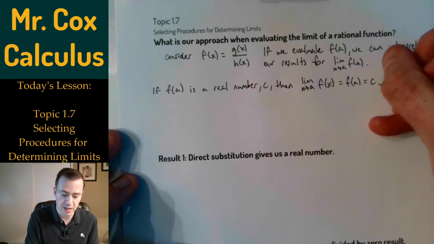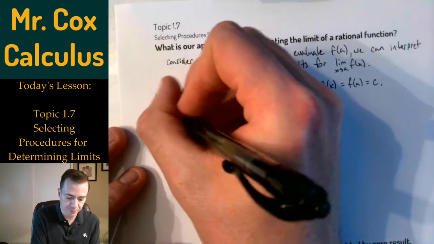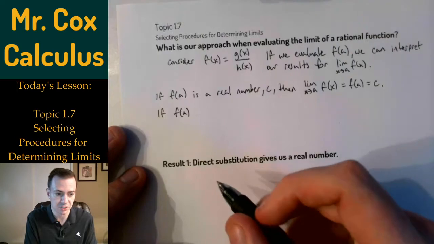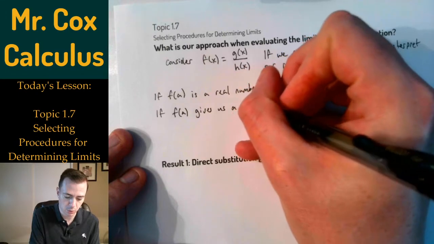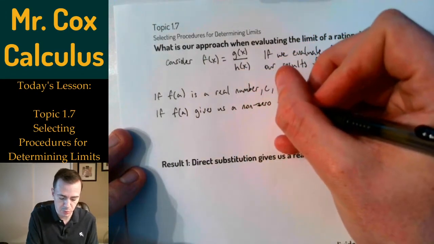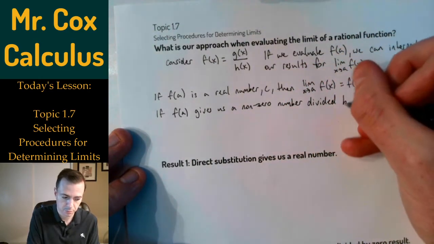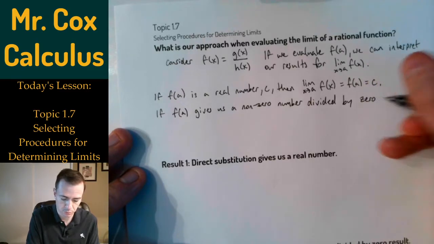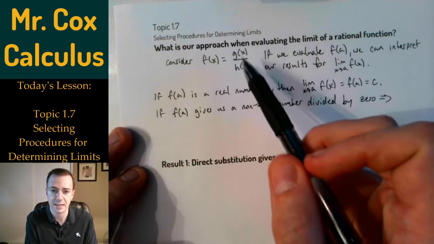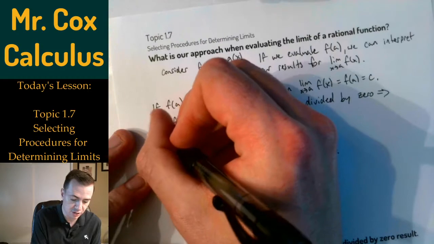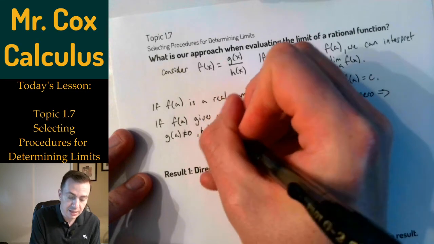Then we looked at two other cases, and this is what we laid out in topic 1.6. If f of a, so again, we're talking about just directly substituting a in, gives us a non-zero number divided by 0, and this is going to look something of the form, if you think about plugging a into this function, what this is implying is that g of a is not equal to 0 and h of a is equal to 0.